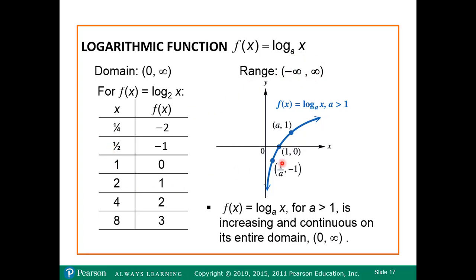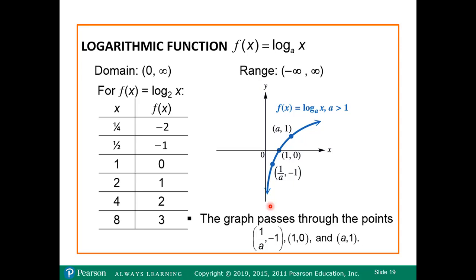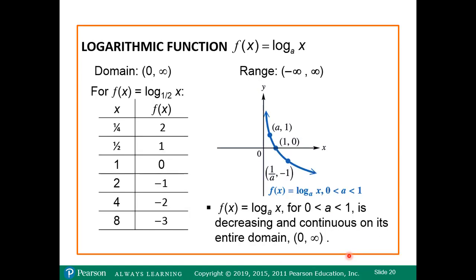And so notice that it always goes through these 3 points. And it's also increasing and continuous on the entire domain. And this time now, the y-axis is the vertical asymptote. So again, logarithmic functions of this type always go through these 3 points.